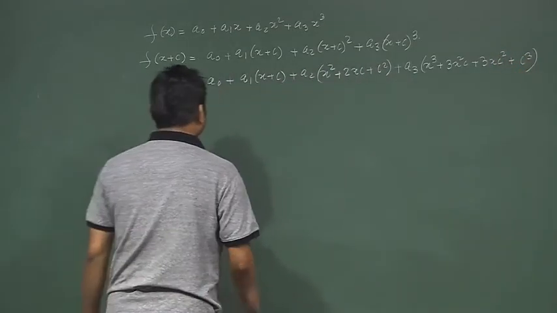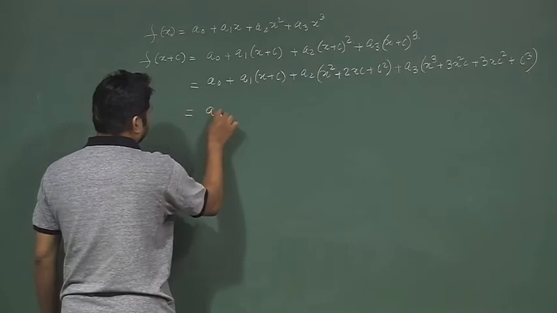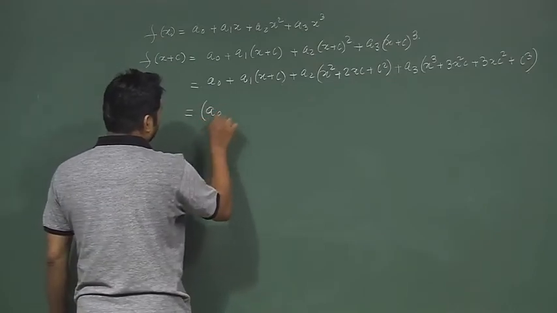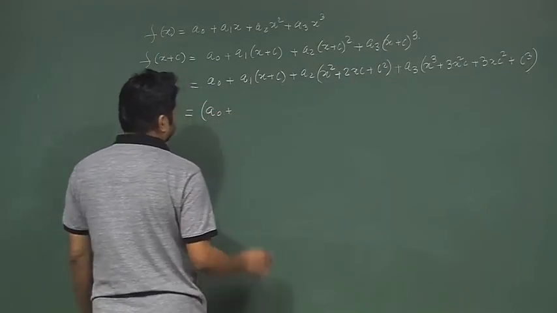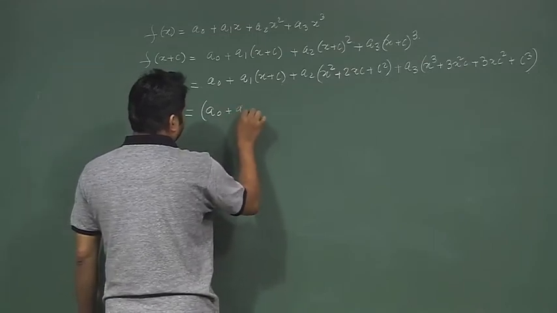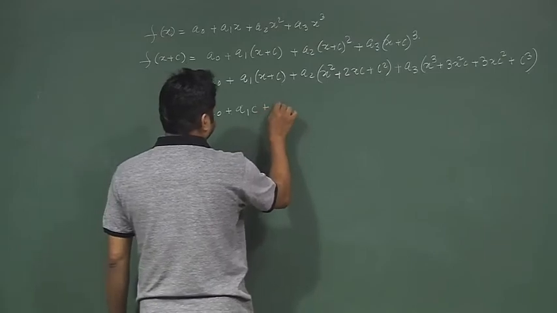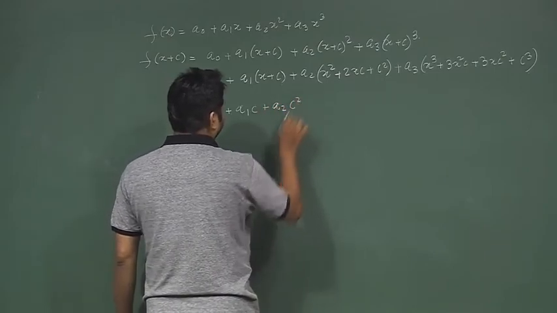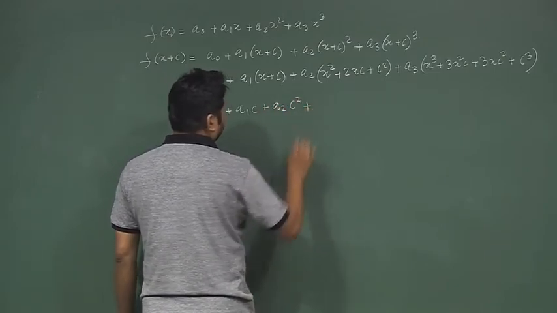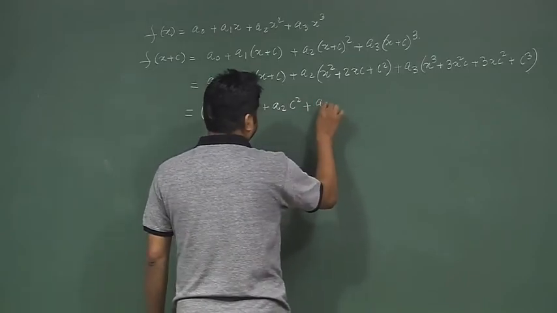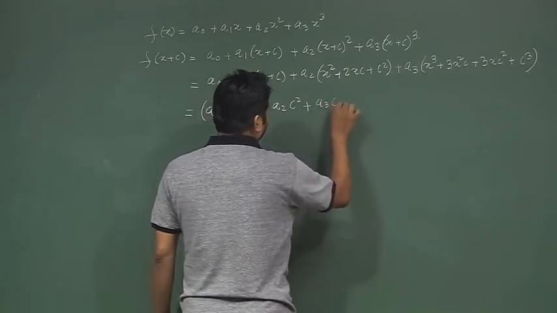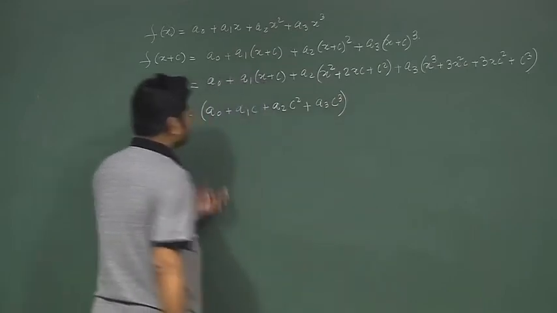Now if I rearrange the terms, I will have a0 plus a1 c plus a2 c square plus a3 c cube as the first term.